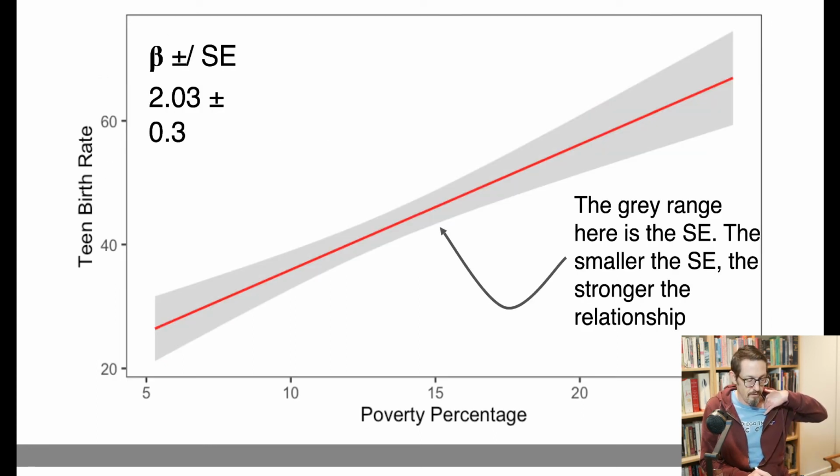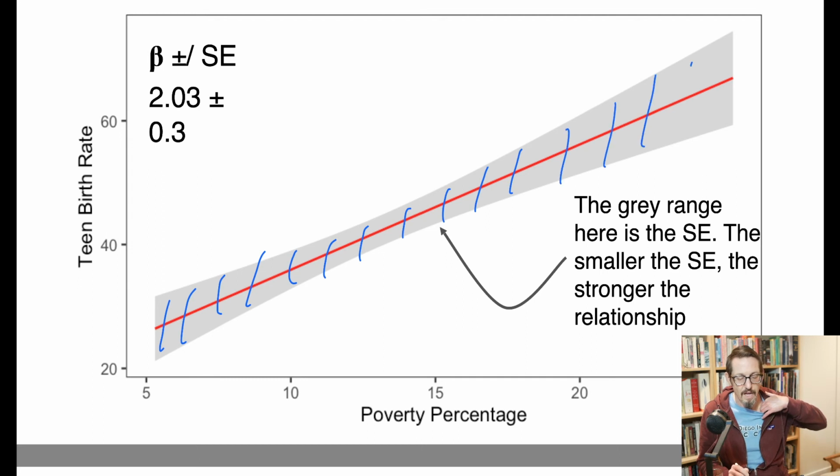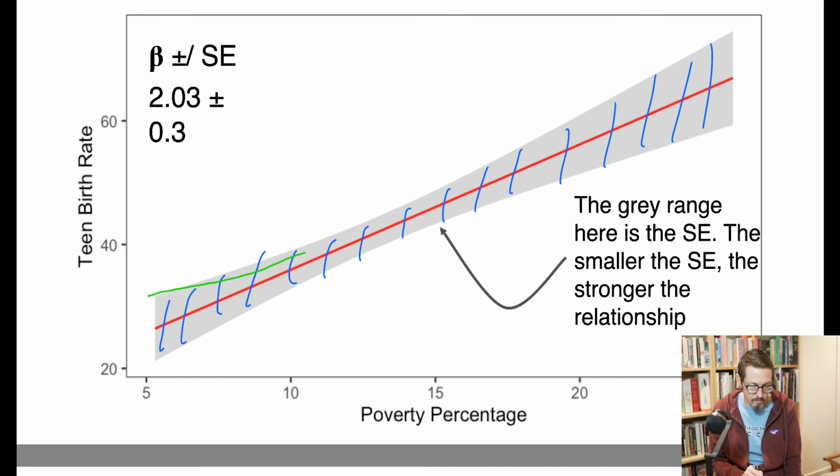So this is our line of regression right here, and this shaded gray area around it, these are all plausible results we would get if we got a brand new sample of teen birth rate and poverty. Inside that gray area, the true line could be this one, or it could be that one.